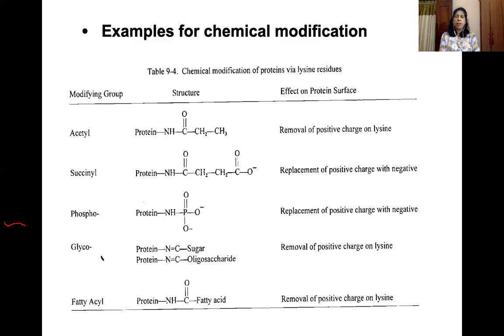Therefore, by adding the modifying group, you can change the action of these proteins, and we can use those proteins for different purposes. But very importantly, the nutritional benefits, biological benefits or bioavailability of lysine are not lost because of this modification. So that is important.